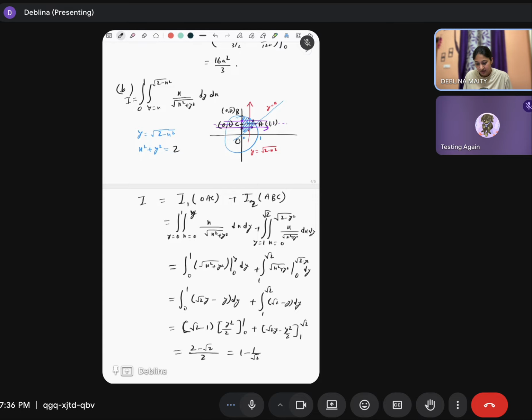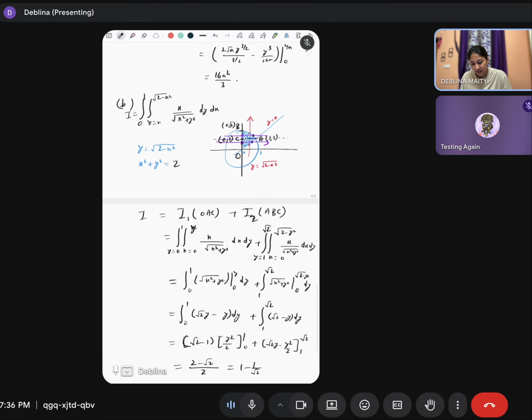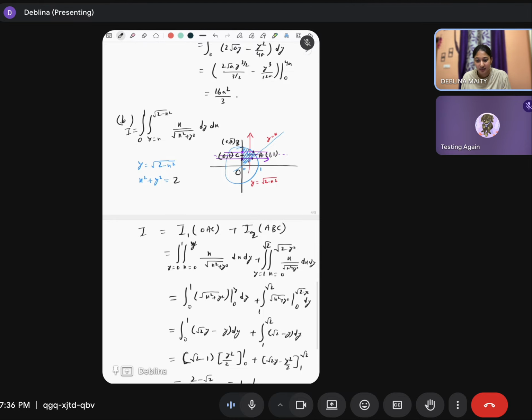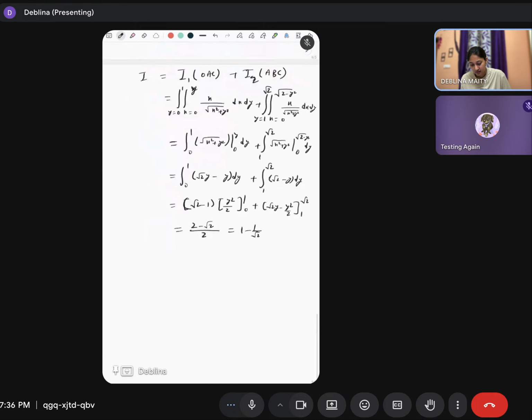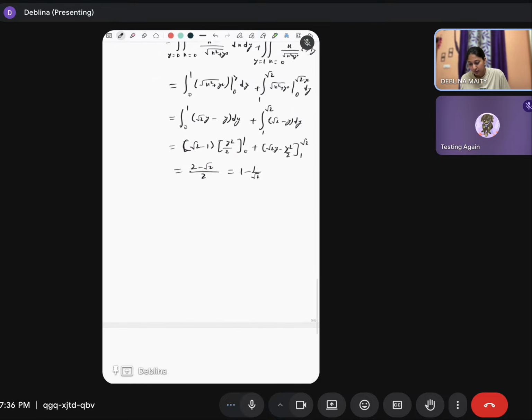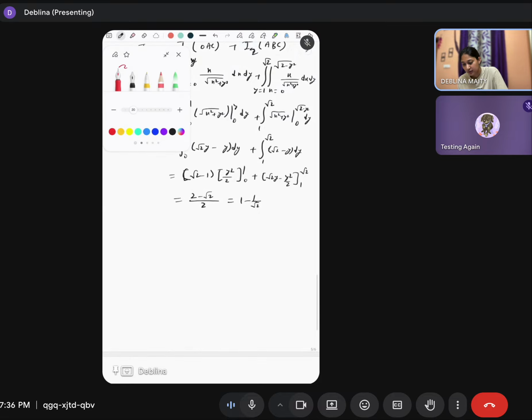Okay, so we have done it in two parts, right? So first we have to find the region, then we have to find the limits of x and y. Okay, go to the next question.